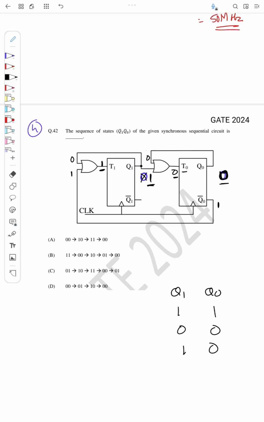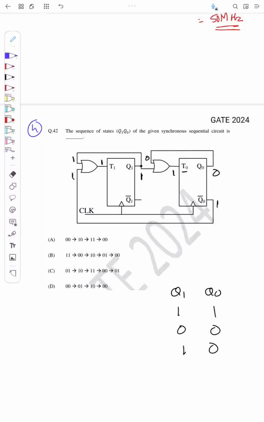I will clear the other values now. So now it is 1 and 0. Q0 is 0, so here 0, 1 or 0 is 1. Q1 is 1, so here the OR gate input is 1 and Q0 bar is 1, so the output of this OR gate will be 1.